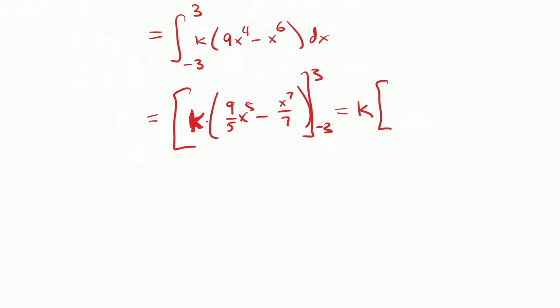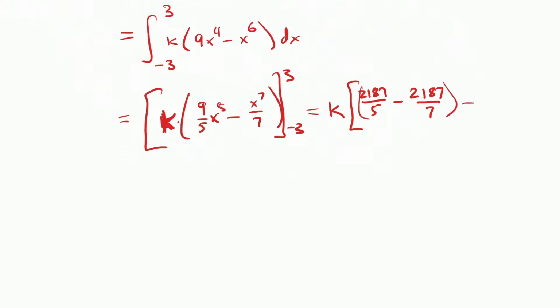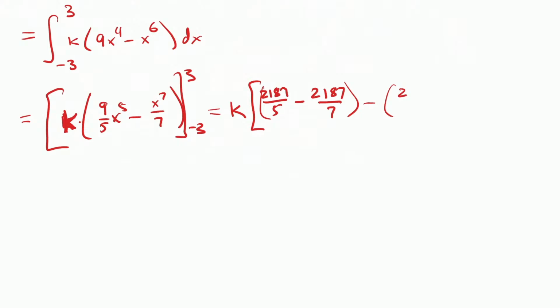Not 3,000. Okay, so this is 2187 over 5 minus the same thing over 7, because 3 to the 7th is the same as 9 times 3 to the 5th. And then we're going to subtract off 2187 over 5 plus 2187 over 7.